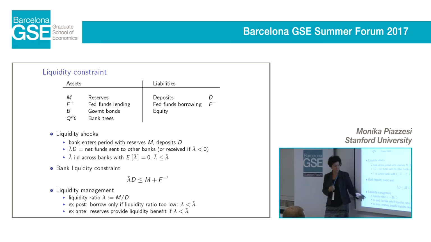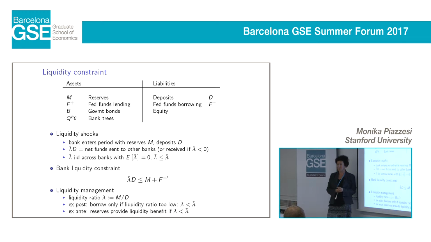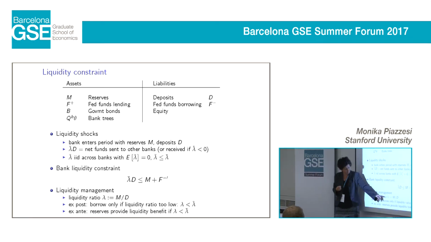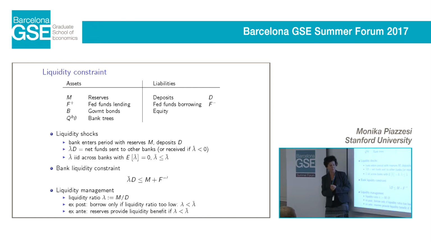Banks are going to choose a liquidity ratio lambda, which is the ratio of how many reserves they have to the amount of deposits that they have. They choose this liquidity ratio, and then they're exposed if they're hit by a shock. They're only going to borrow if they don't have enough liquidity, because borrowing from another bank is costly; they have to pay interest on borrowing from other banks.